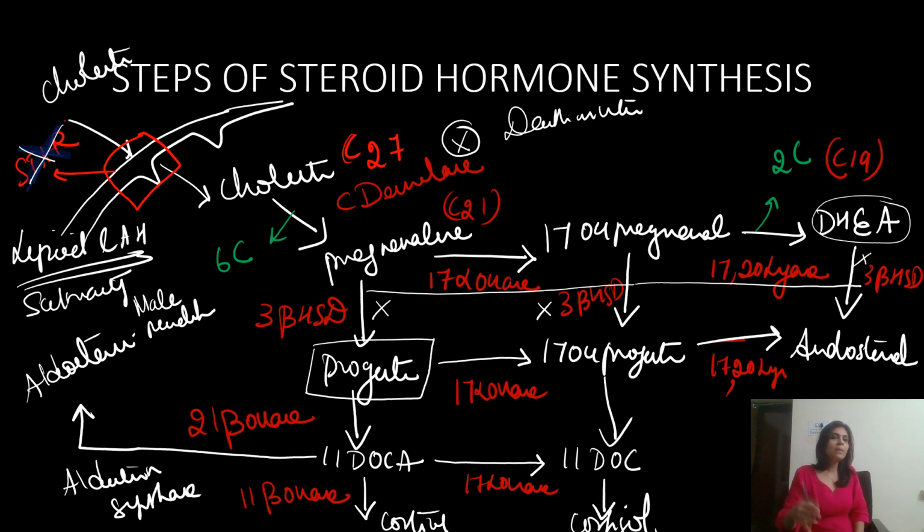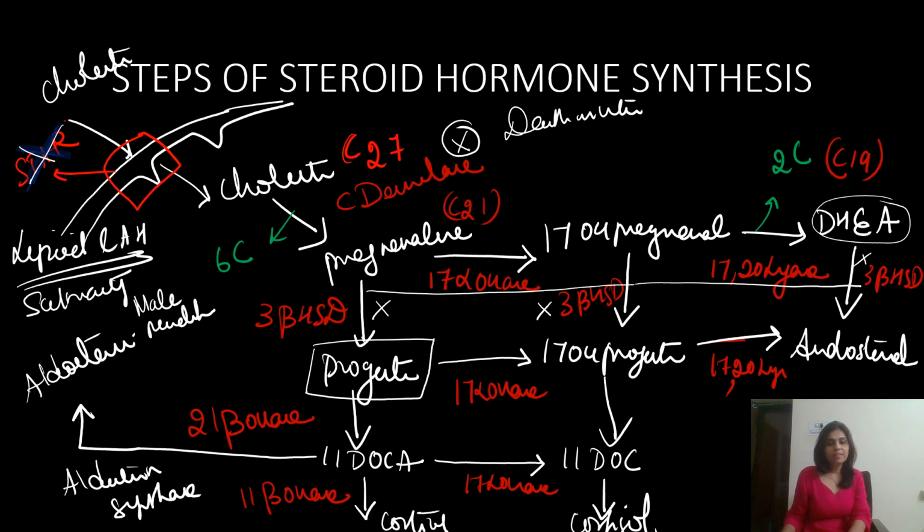So proper male type of external genitalia might be missing in 3-beta hydroxysteroid dehydrogenase defect. I'm not saying always. You might have a difficulty in sex assigning in a male fetus because of no testosterone and no dihydrotestosterone. Otherwise, it's going to be normal. So that's about 3-beta hydroxysteroid dehydrogenase defect.